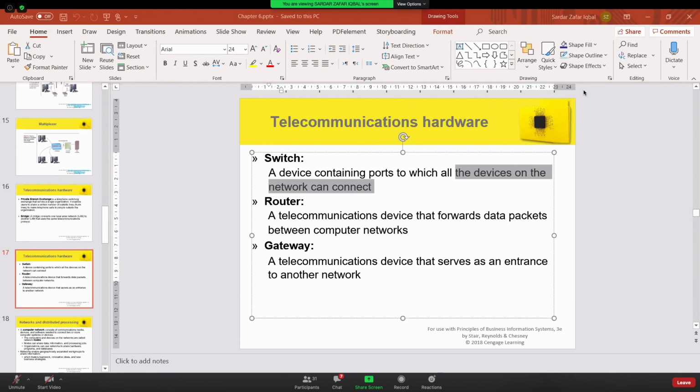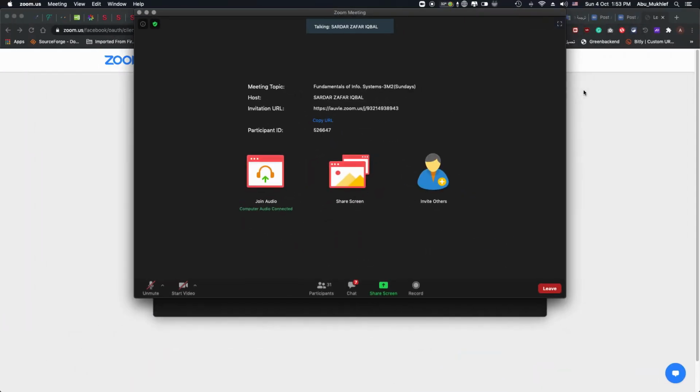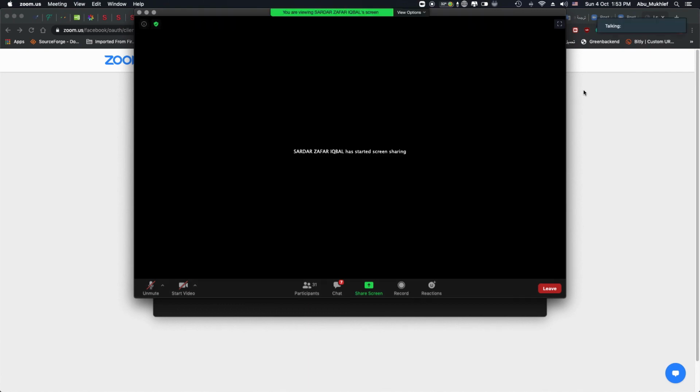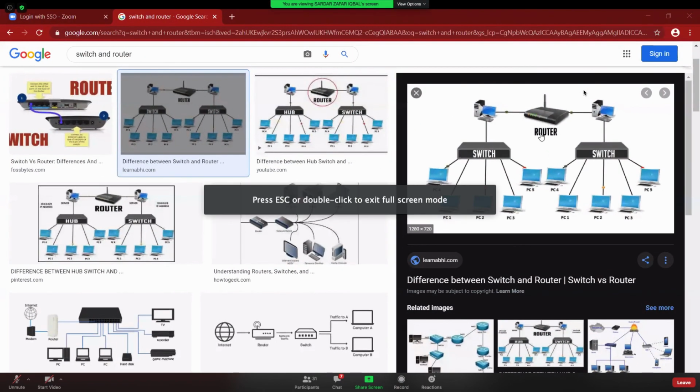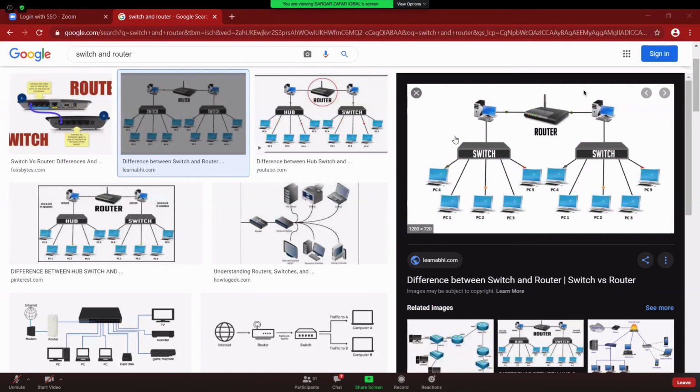Switch and router. You can see this figure. All PCs are connected with the switch.